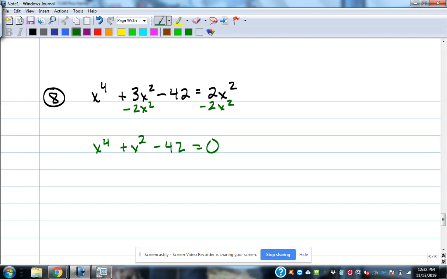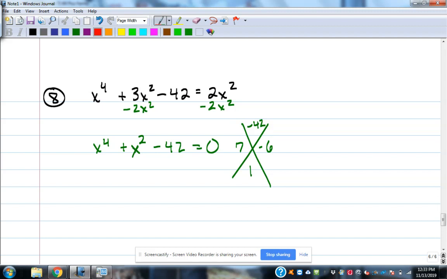And then I look for a GCF. Is there one? No, but there are how many terms? 3, so that tells us to use what? The x method. So negative 42 up top, positive 1 on the bottom. 2 numbers that do that. 7, negative 6. Good job.